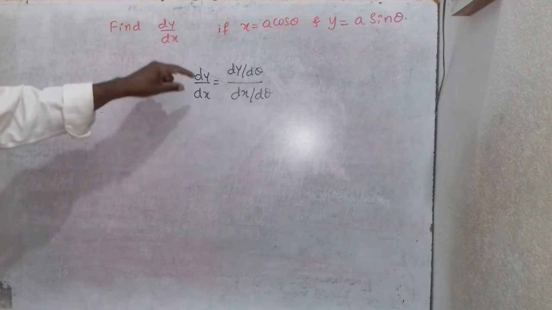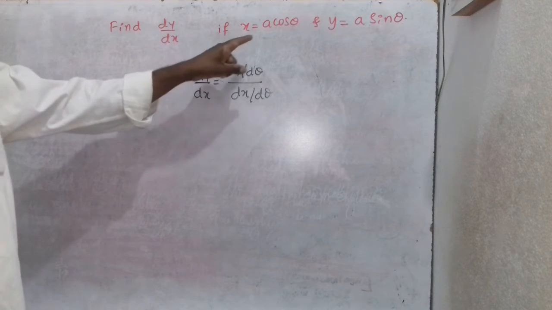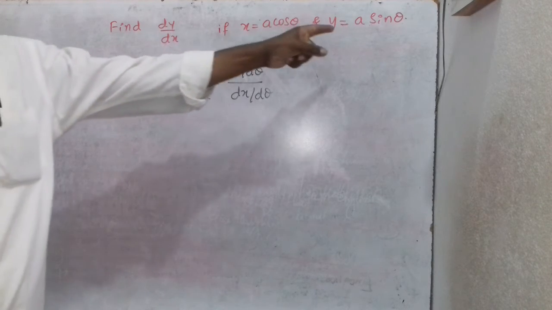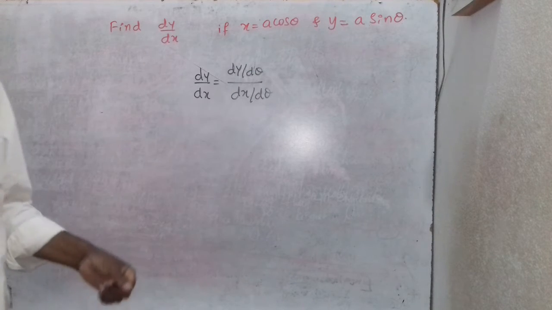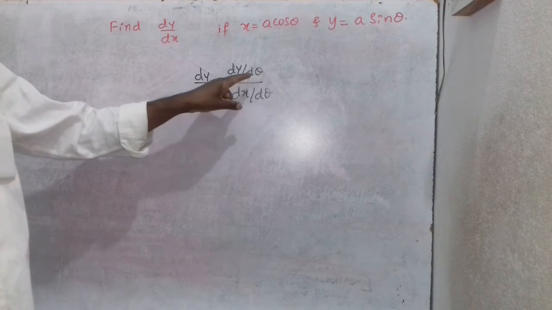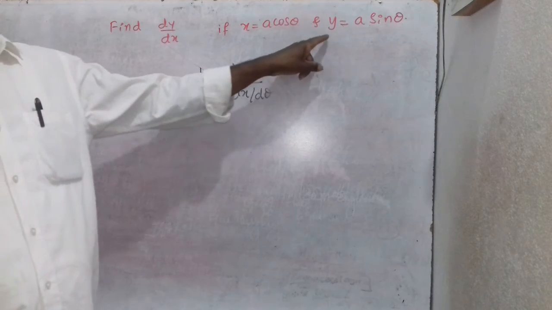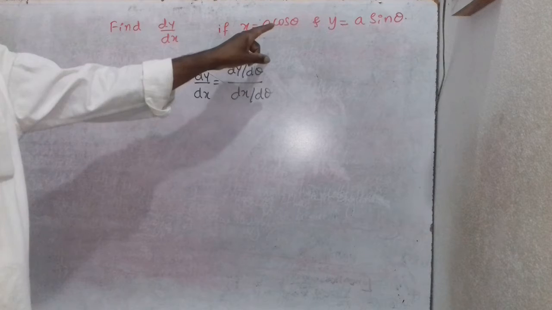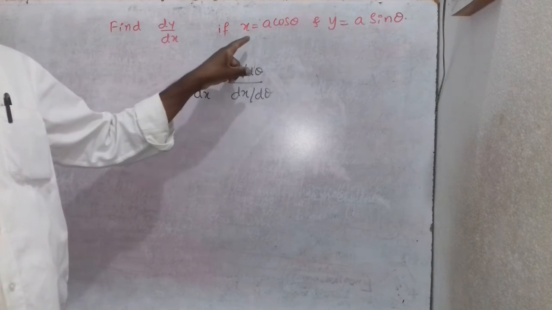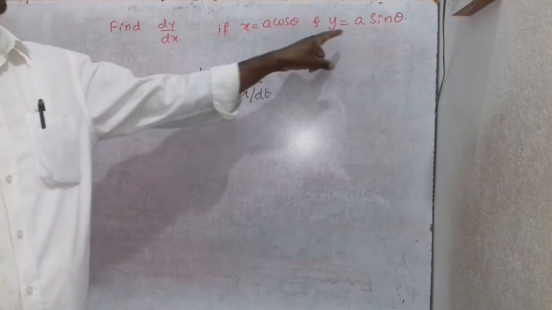That means we have to differentiate the parametric equations separately with respect to the common parameter, that is theta here. Here x equals a cos theta, y equals a sin theta, and the common parameter in x and y is theta.